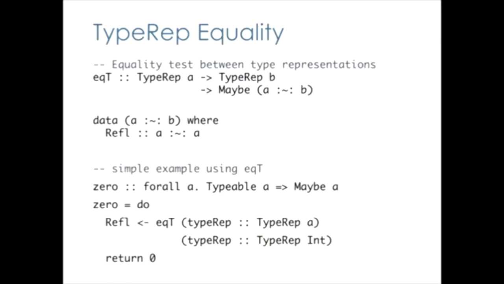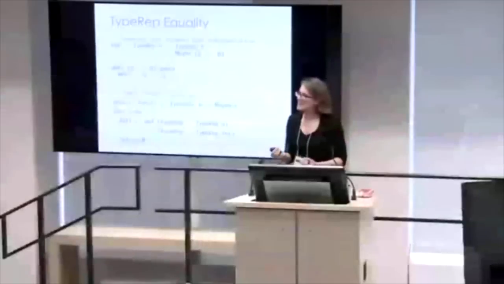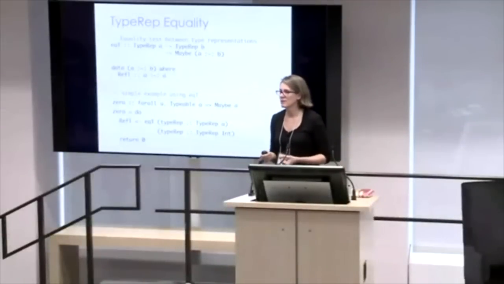That's going to tell us A is equal to int, and that's going to let us return 0, even though it has type int, as an A. All right, so we're using the GADT pattern matching on the REFL to make the connection between A and int after we've done this dynamic type test. And that's the key for being able to write fromDyn.